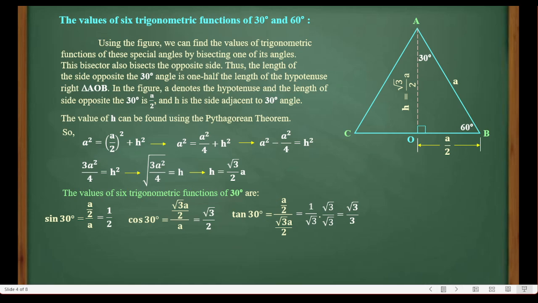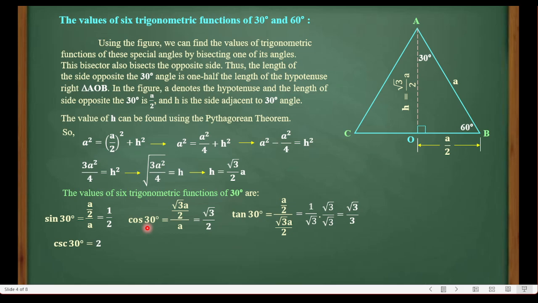And from this first 3, we can easily declare the remaining 3, because those remaining 3 are simply the reciprocals of this first 3. So for the reciprocal of sine 30 degrees, that is cosecant 30 degrees. Of course, 1/2 is the value for sine 30 degrees, and for cosecant 30 degrees, that is 2. You just reciprocate this in order to get the cosecant of 30 degrees. Same thing with cosine 30 degrees.